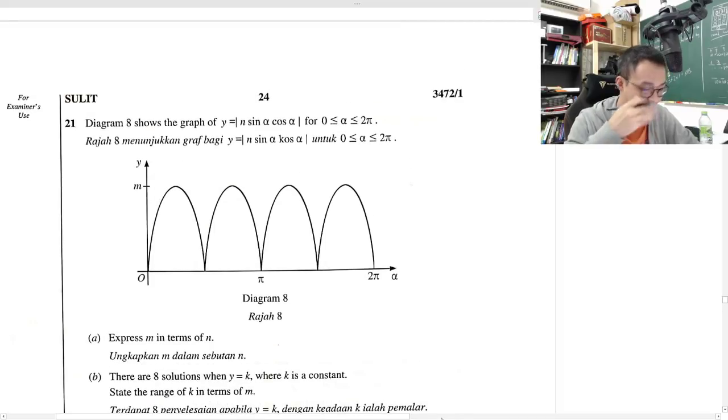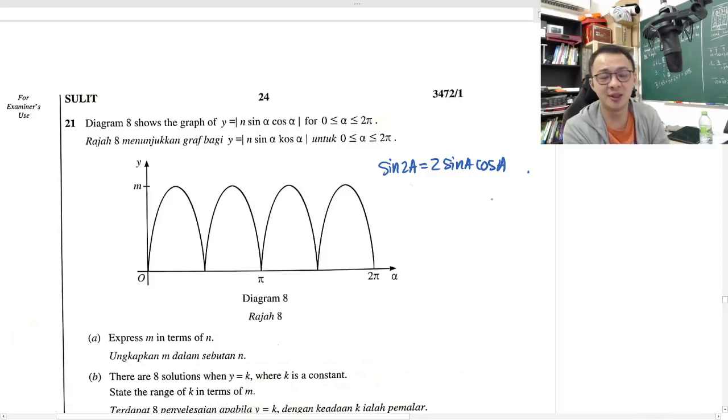Alright, okay, this one is a little bit tricky because this graph doesn't look like sine alpha, cos alpha, but the only formula you learn about sine alpha and cos alpha is sine 2A, right? Because sine 2A basically equals 2 sine A cos A, isn't it? So what I'm doing is I will change this into sine 2A.